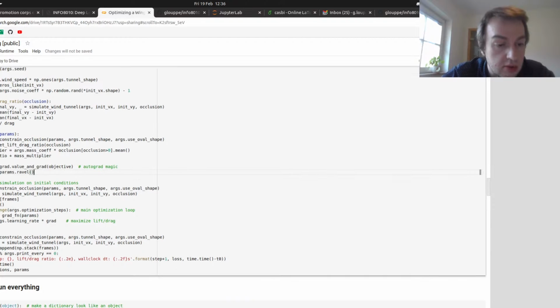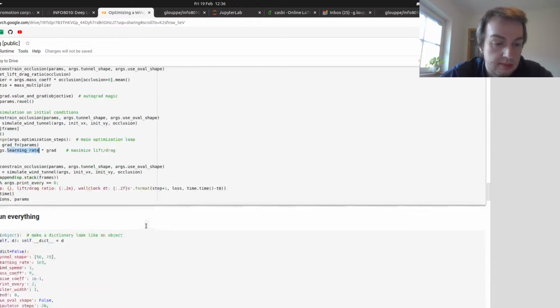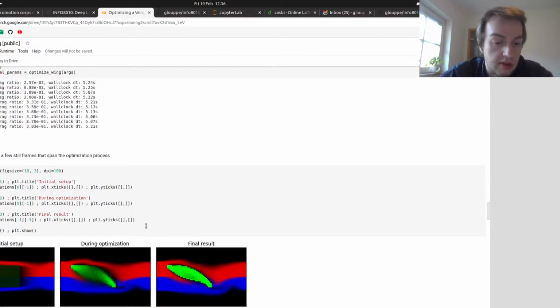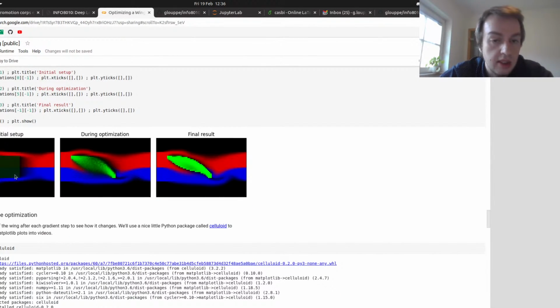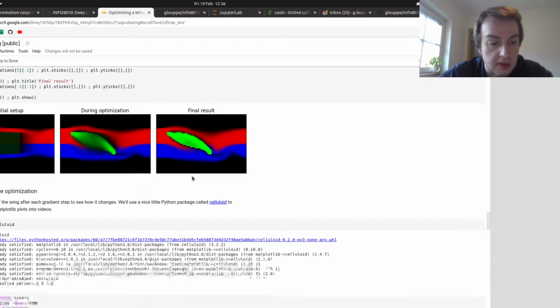right? So you just update the parameters, the geometry of the wing, by following the direction of the gradient, because you want to do ascent, with steps defined by some learning rate value. Right, then you can run this, and that's the kind of result you would obtain.